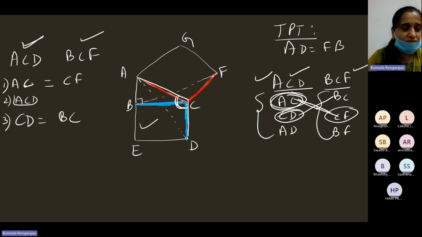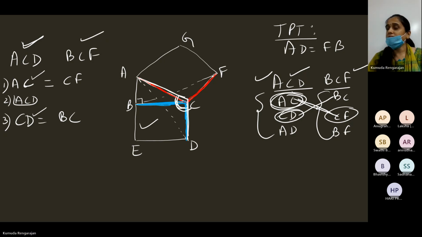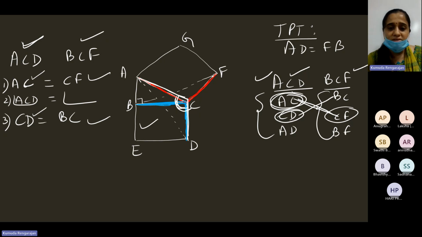Now, in this proof, in the first triangle, we have mentioned AC and CD. So this is the included angle ACD. In the second triangle, we have mentioned CF and BC.